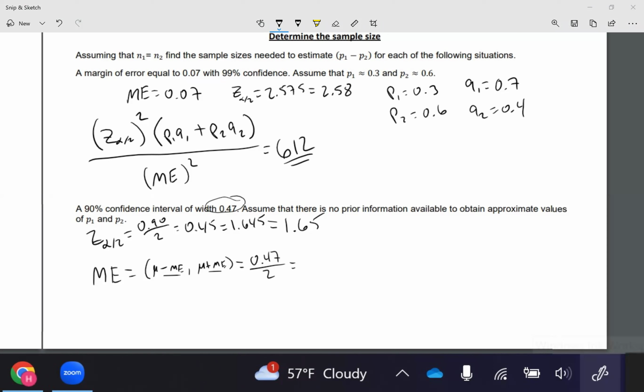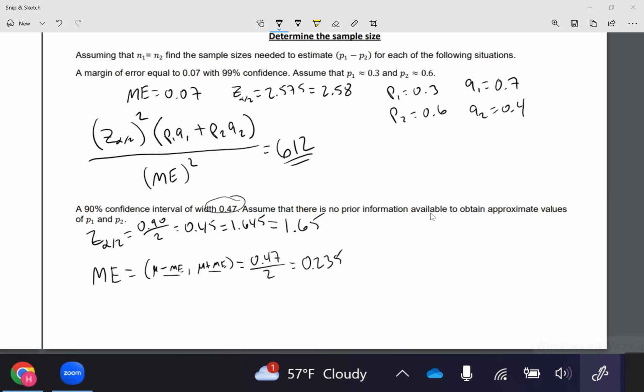Use a calculator if necessary. I'm going to get 0.235. This number, my margin of error, I'm not going to round to 2 decimal places. I'm just going to leave it at 0.235.